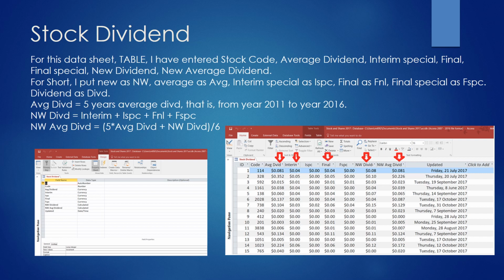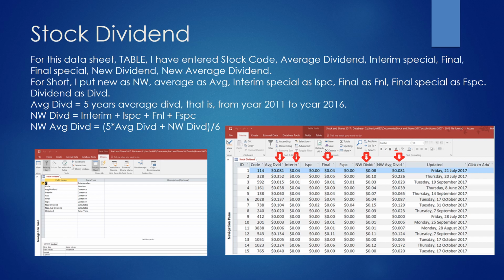For short, I put new as NW, average as AVG, interim special as ISPC, final as FNL, final special as FSPC, dividend as DIVD.